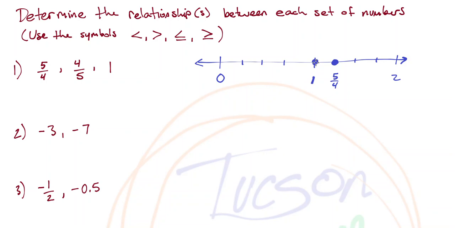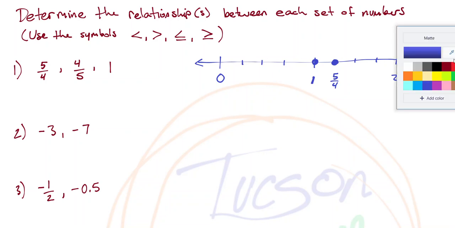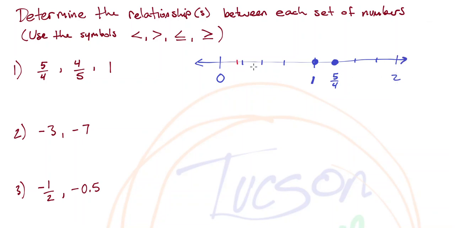And then 4/5. Now that's a little bit harder, right? I've already marked off 5/4, so now I need to cut the spaces into fifths there. I could do that. It's not super important that I do this. Fifths, 1, 2, 3, 4. So I've broken up my spacing into fourths, and they don't really make a whole lot of sense compared to my fifths.